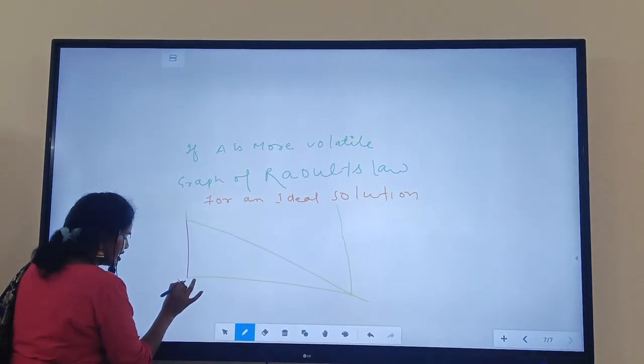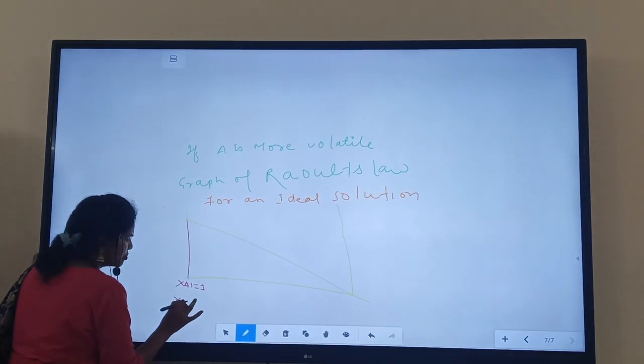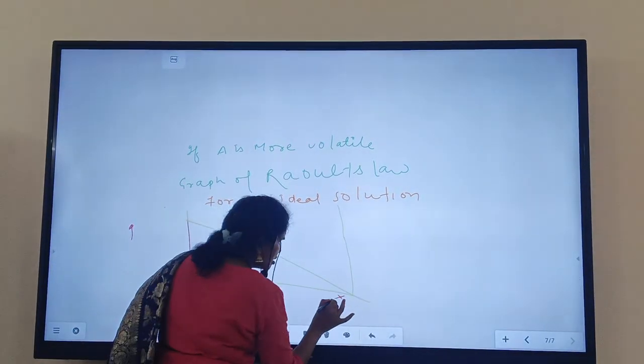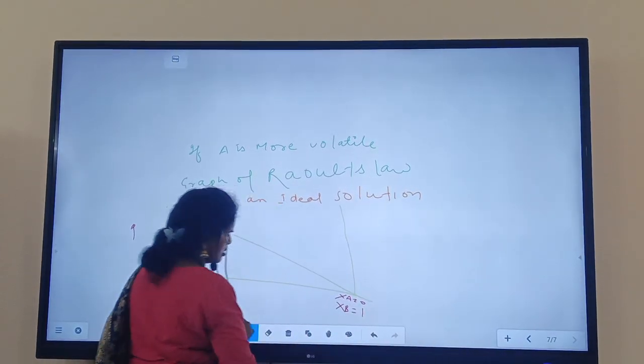Here XA is 1 and XB is 0. Here XA becomes 0 and XB becomes maximum, 1.